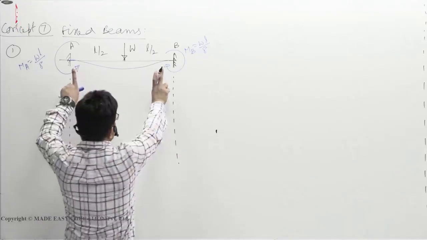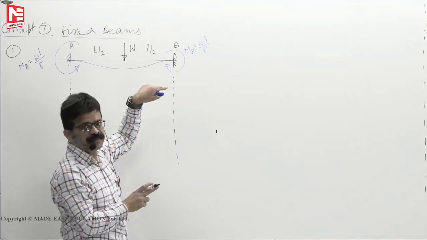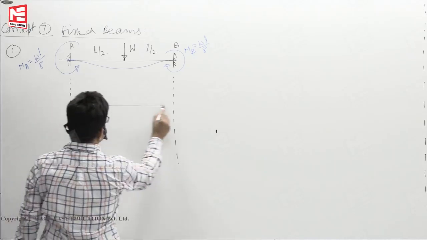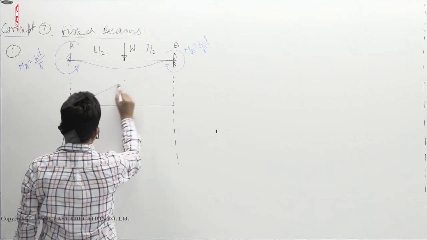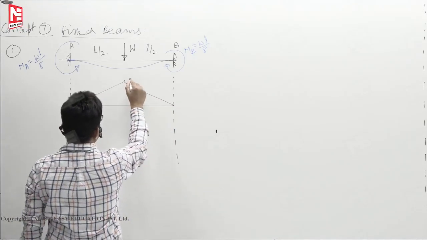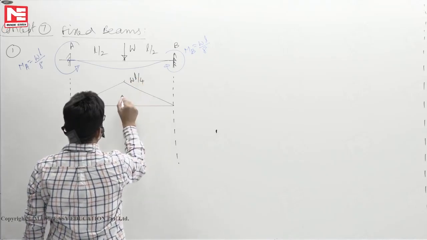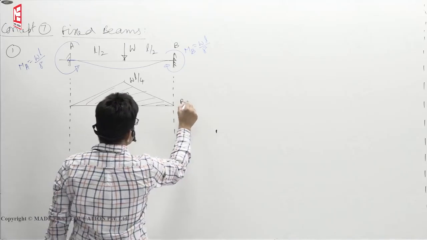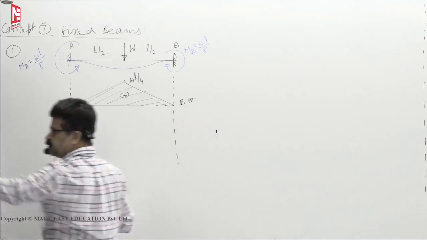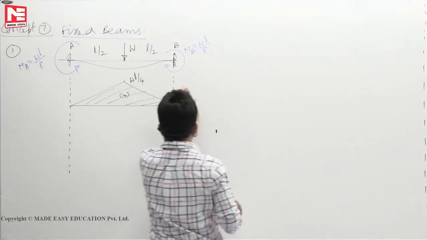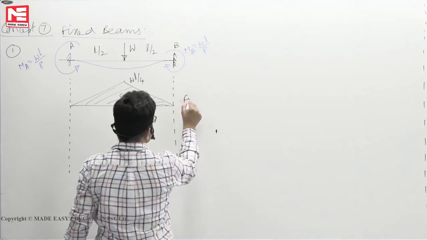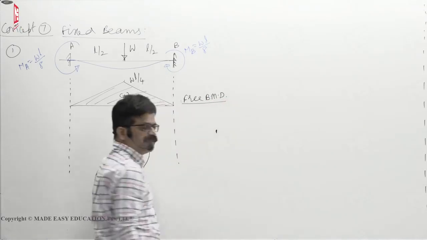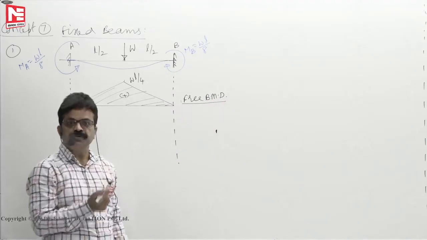So for a simply supported beam subjected to central point load, we know how to draw the bending moment diagram. This is WL by 4, positive bending moment. This is the free bending moment diagram, we will call it. This is called free BMD. Free BMD means bending moment free from whom?